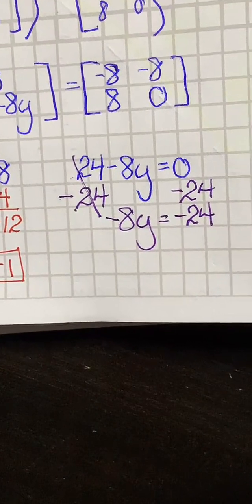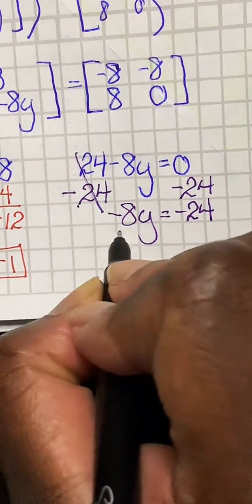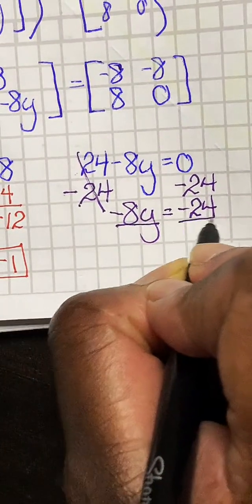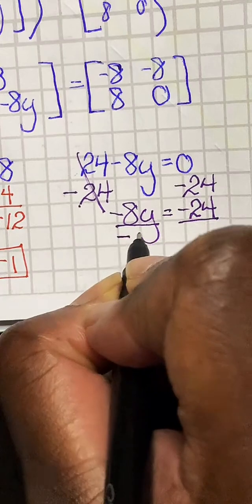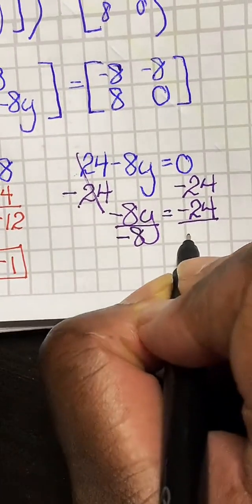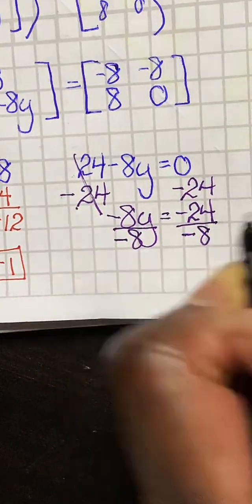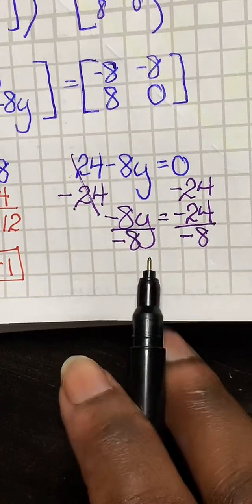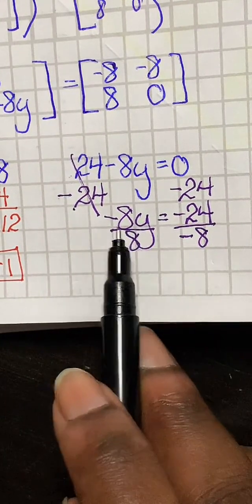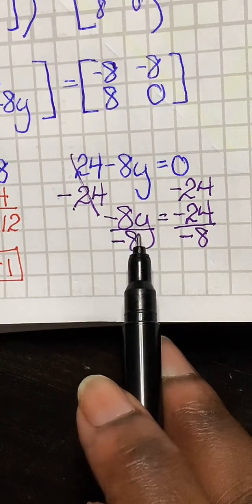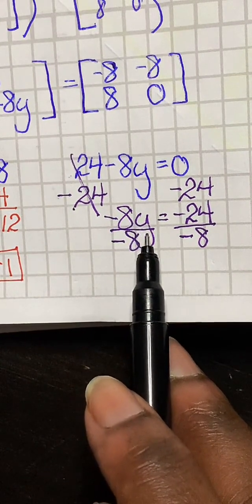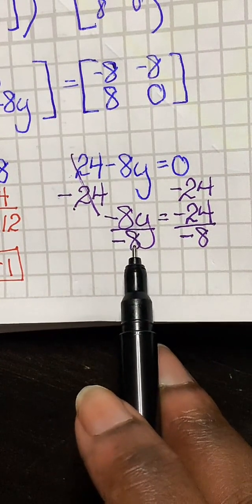So now in order for me to get y by itself, I have to divide both sides. Not by negative 8y, just by negative 8. The reason why you're doing this is negative 8y is multiplication. The opposite or the inverse of multiplication is division.